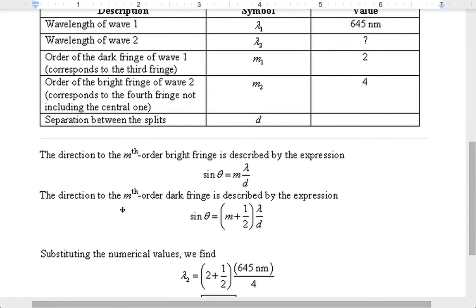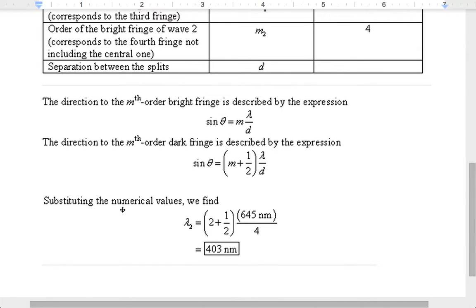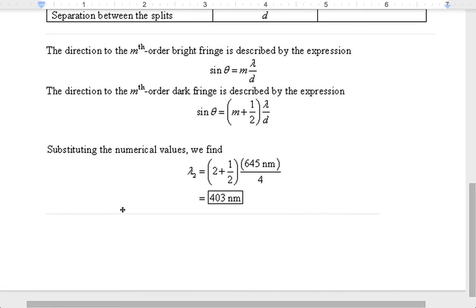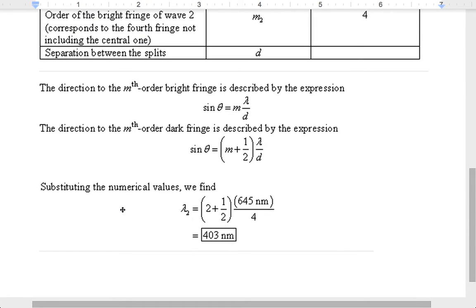So when we substitute the numerical values, we're able to find that lambda 2 equals 2 plus 1/2 times the original wavelength, which is 645, over 4, which is the order of the bright fringe of wave 2. So that equals 403 nanometers.